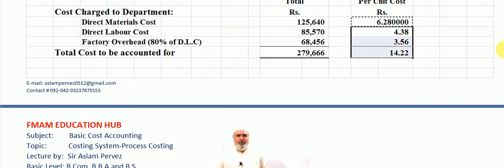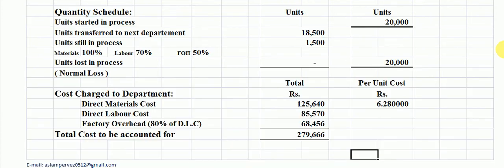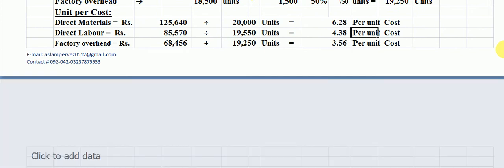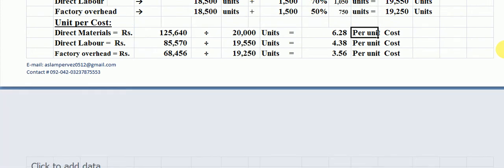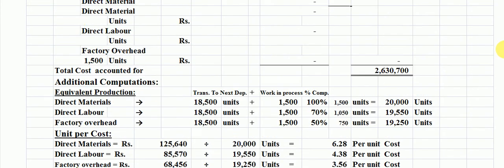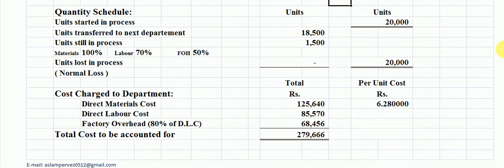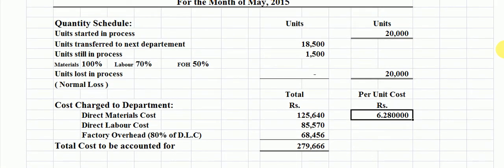K38 we have to put here, K38, K38, K38 here.